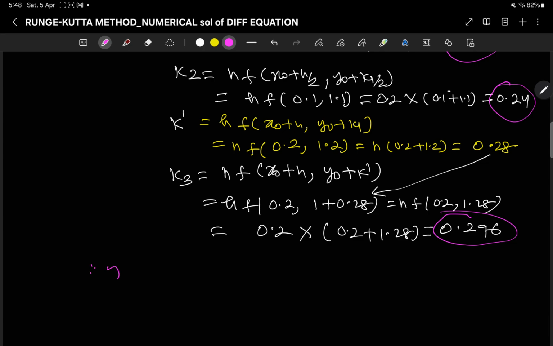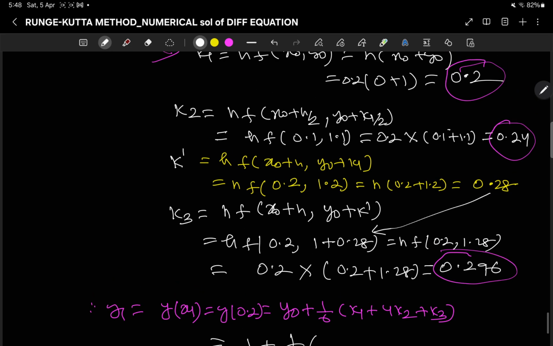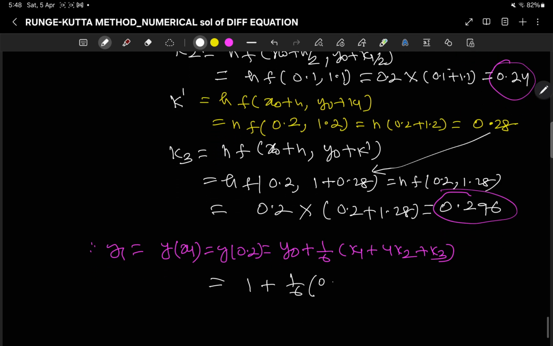Okay, so therefore y1 is y of x1, which means y of 0.2 is equal to y0 plus 1 by 6 (k1 plus 4k2 plus k3). If you simplify it, this will be 1 plus 1 by 6 (the value of k1 is 0.2, plus 0.24 plus 0.296).